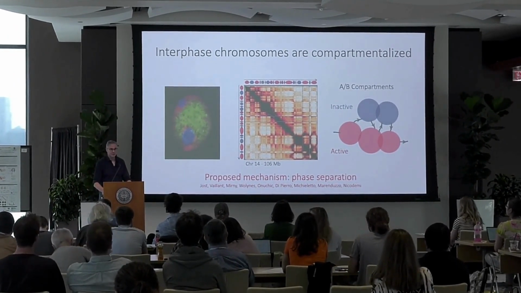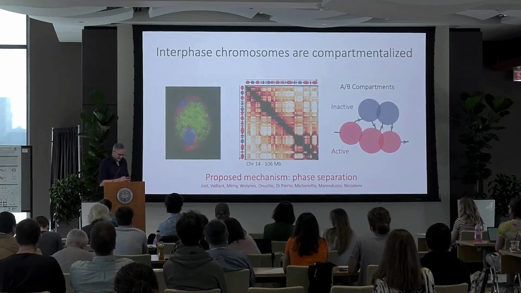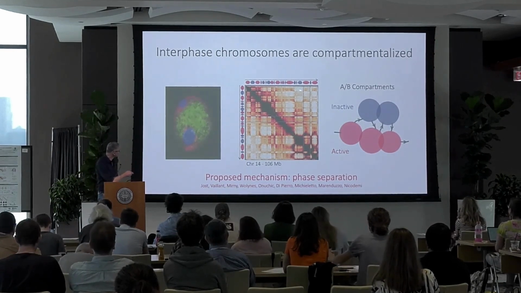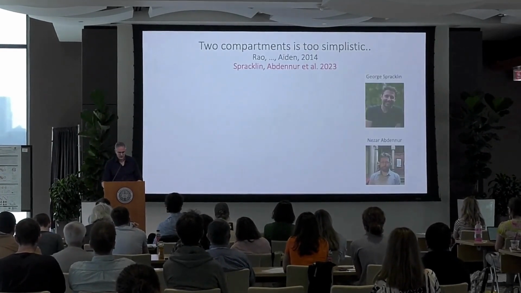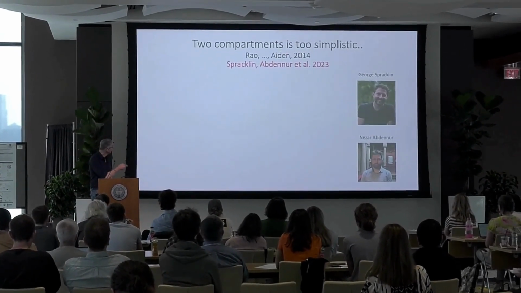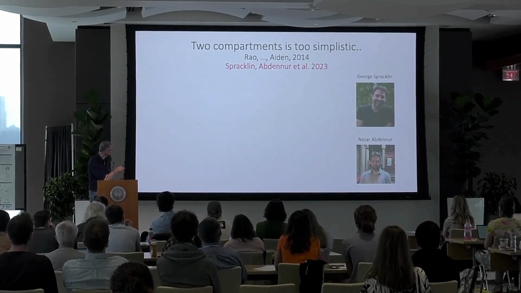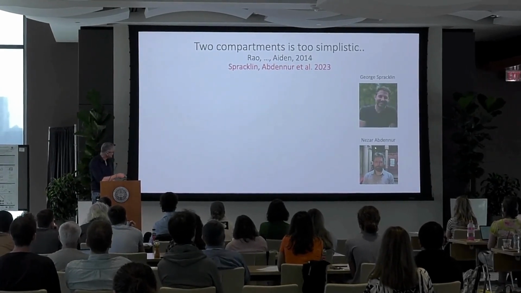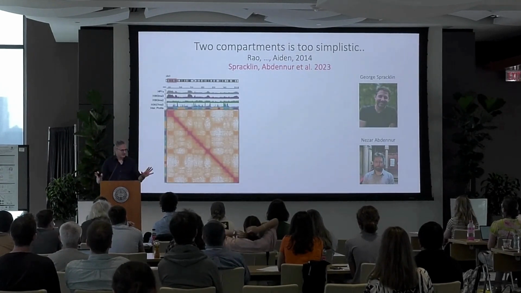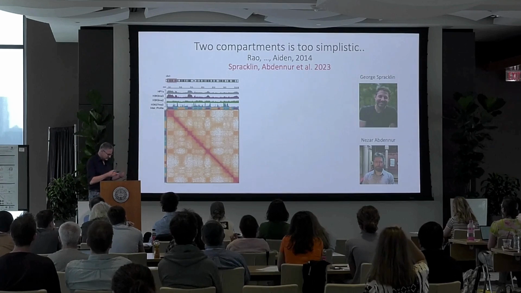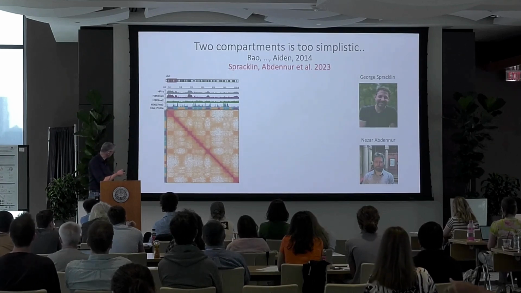One thing that has emerged over the last several years is that this is actually quite a simplistic view of chromosomes, where there are just two types of chromatin. We now know from the work from Erez Lieberman Aiden's lab a number of years ago, later followed up by some work by us, led by George Spracklin and Nezar Abdennur, that there's more than just two types of chromatin that lead to two phases, if you think about phase separation.